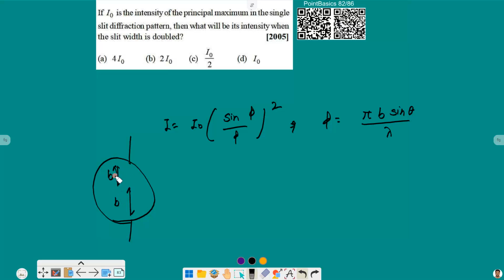So from this we can consider that we have two slits, each giving intensity I. So this will be like interference, where if both of the slits are giving intensity I, then the maximum intensity is 4 times I naught. Its initial intensity in case of diffraction was I naught, and now it becomes 4 I naught. So option A will be the right answer.